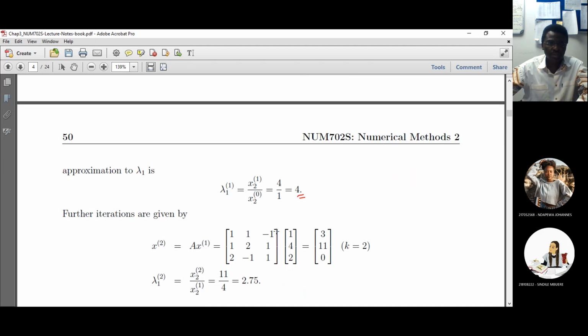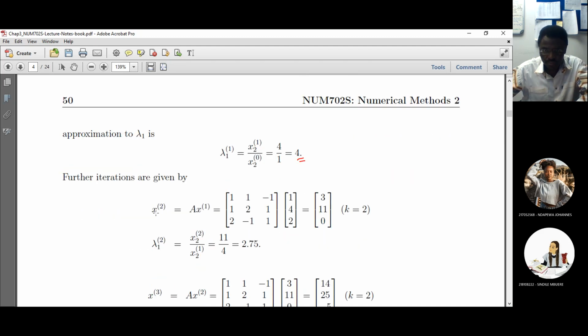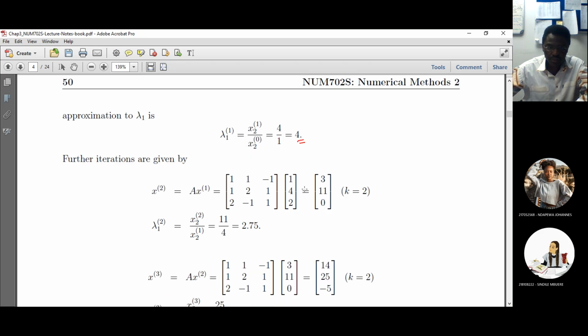So that's exactly what we do, and we repeat the process. We compute x2 by the same token. Now you see the largest entry is still the second. We do the same thing, so we project along the second entry. The numerator will be 11, and for the other vector, it will be 4.